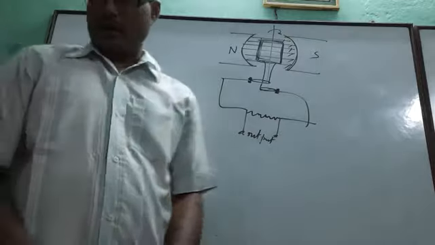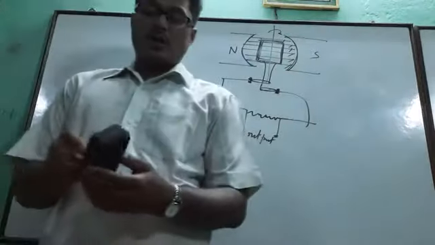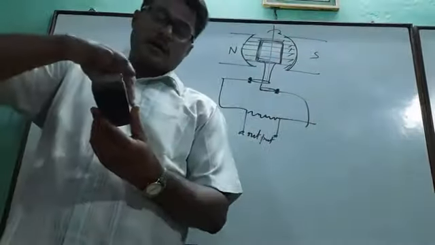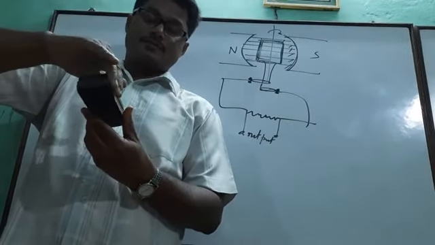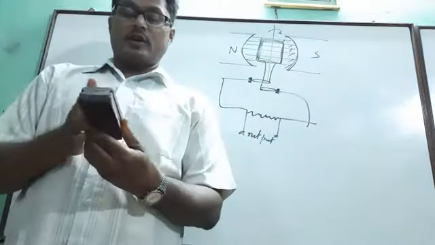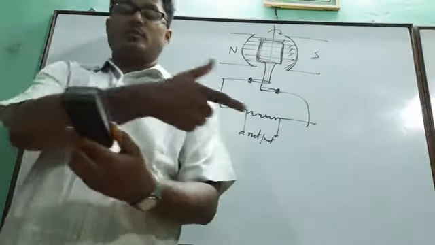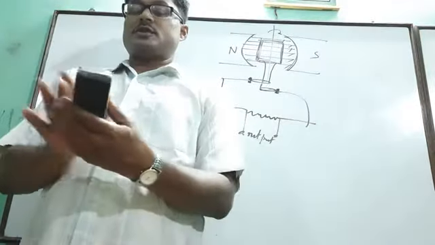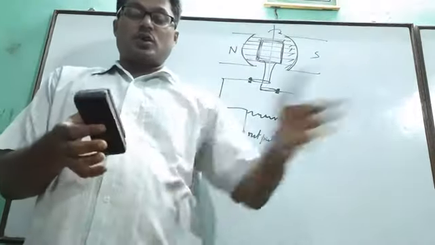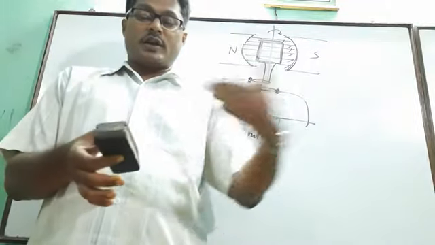Now what is happening here? This is the armature, and here the turns are made. So we can say this is the plane of the coil, and the magnetic field is moving like this. This is the north pole, this is the south pole, and field lines are going like this.